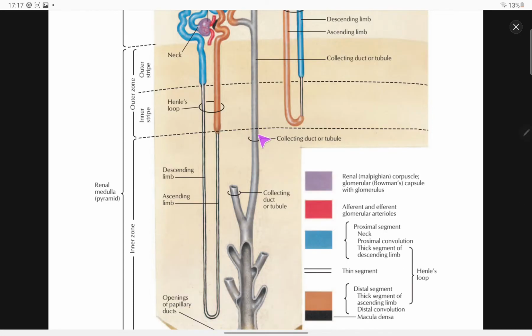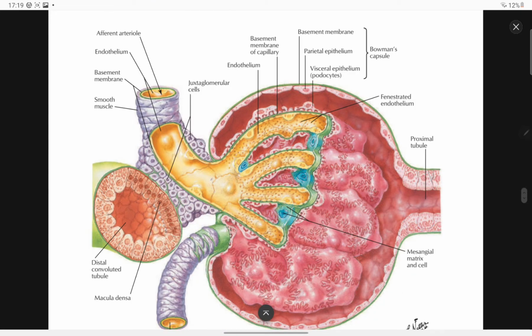So here many tubules unite together to form the duct of Bellini, which opens into the minor calyces through the renal papillae. So this is the Bowman's capsule and this is the afferent arteriole. This is the efferent arteriole.